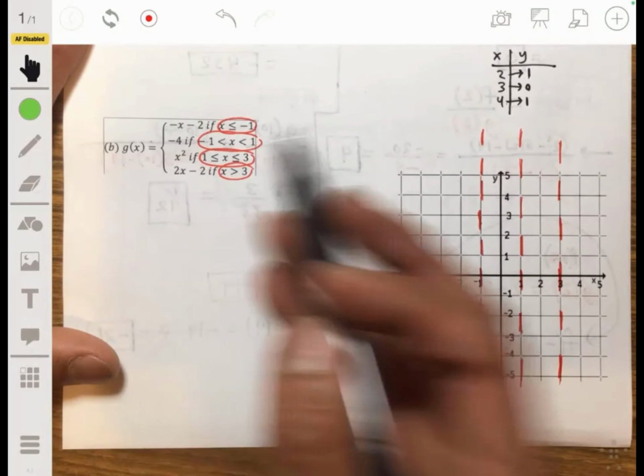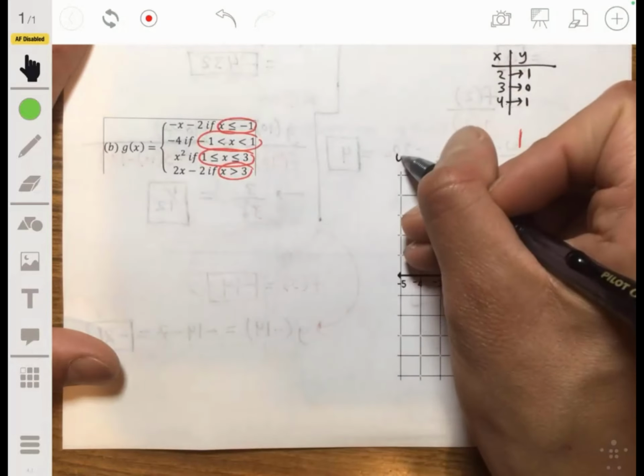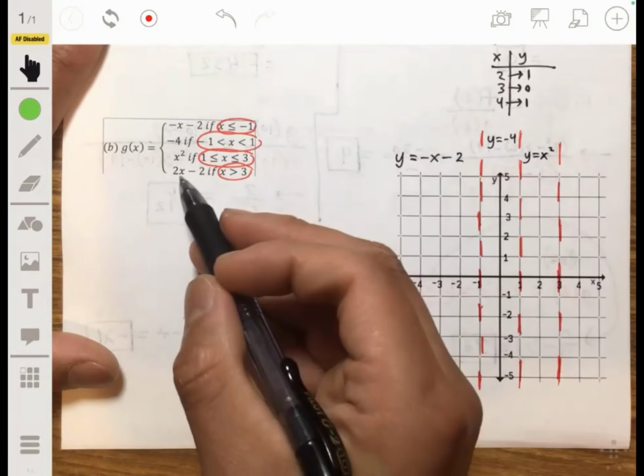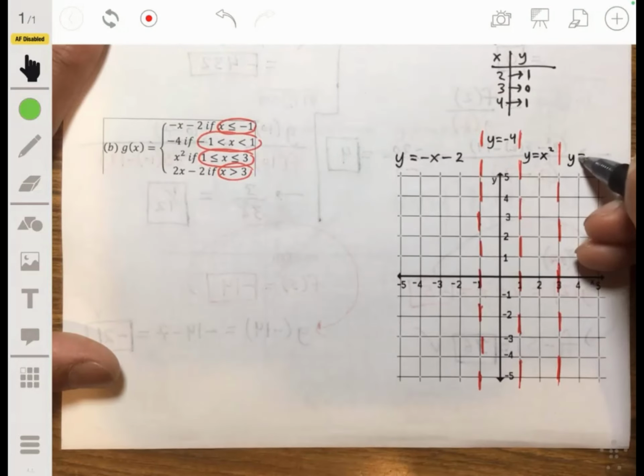Now the first graph we have is y equals -x minus 2, which is going to be in here. This next graph in here will be y equals -4. Next one is y equals x squared. And the last one is y equals 2x minus 2.